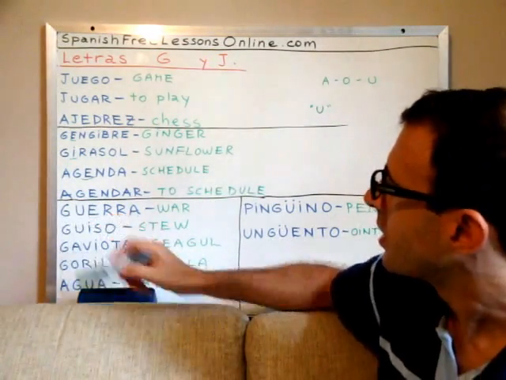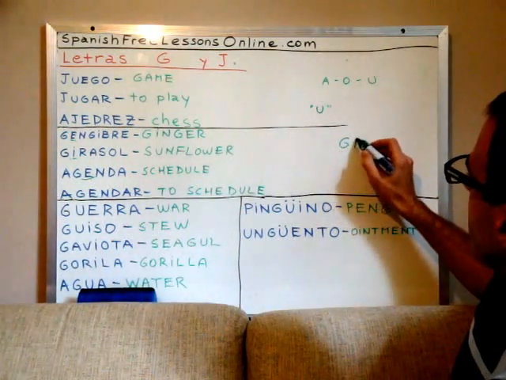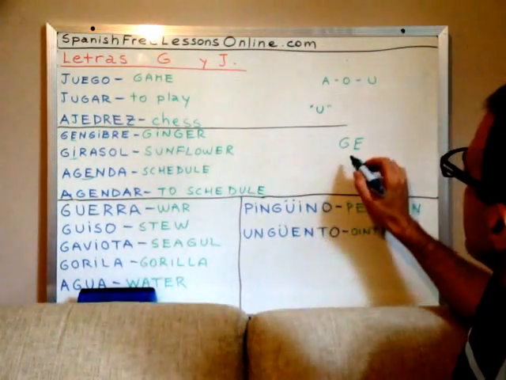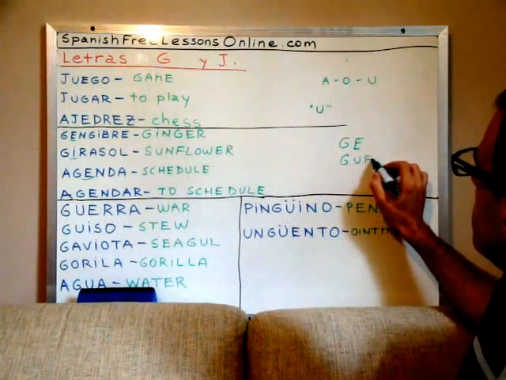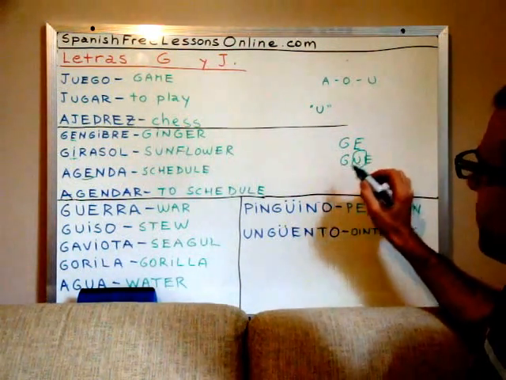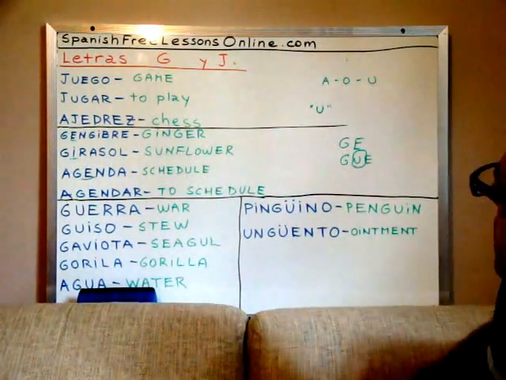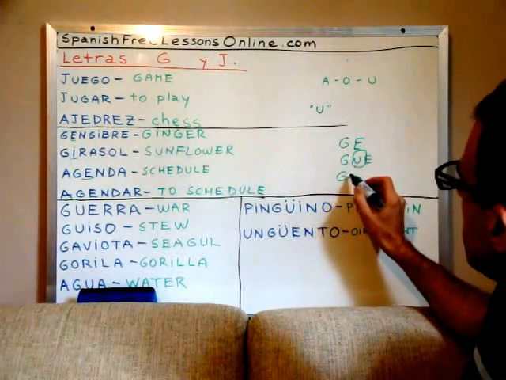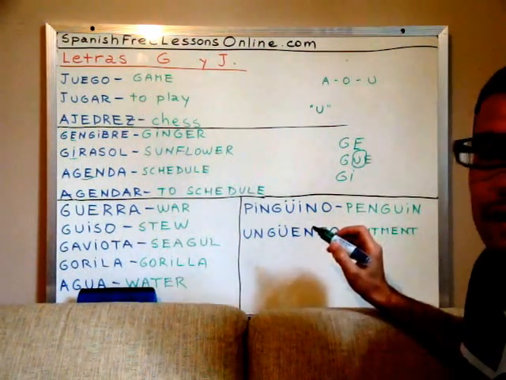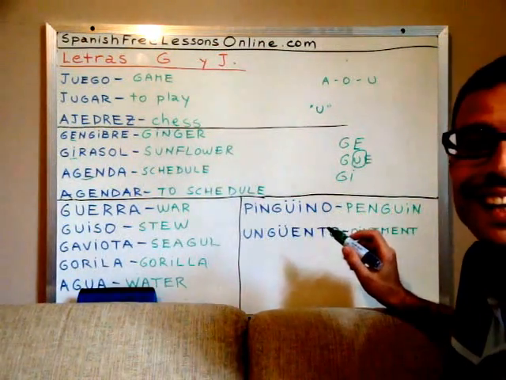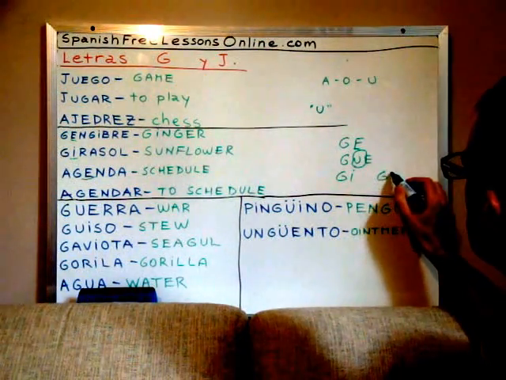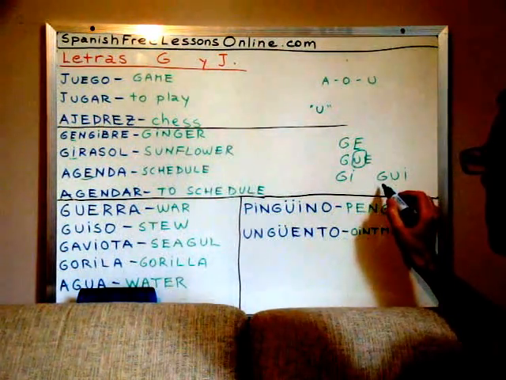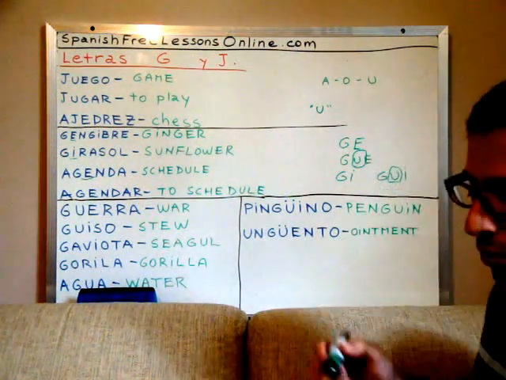If we write this, it's ge, but I want to say gue, right? So I have to use a U in between, and this letter U is mute. So this is not gue, this is ge. Same thing here. This is pronounced he, but I want to pronounce gi, right? So I add a U in between, and this is not gui, this is gi. Okay? The U is mute.